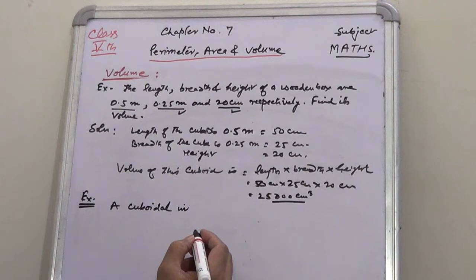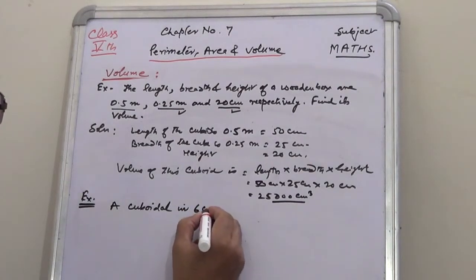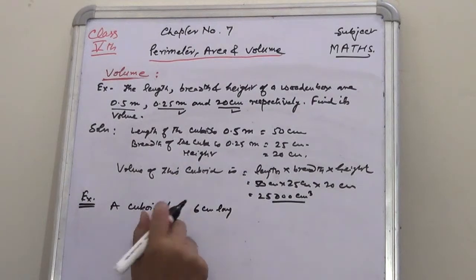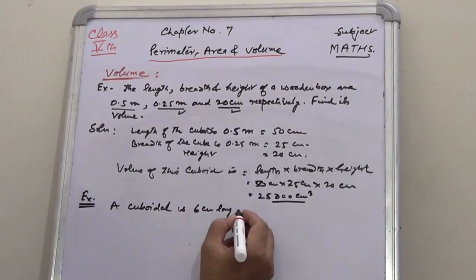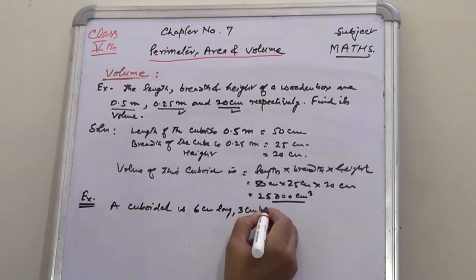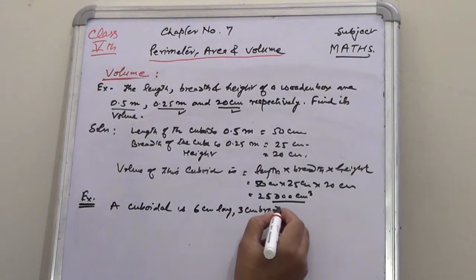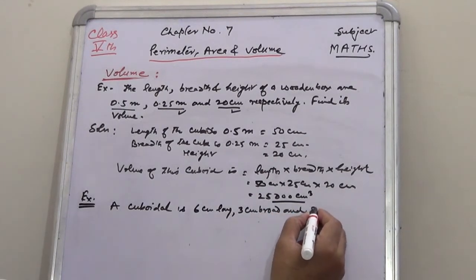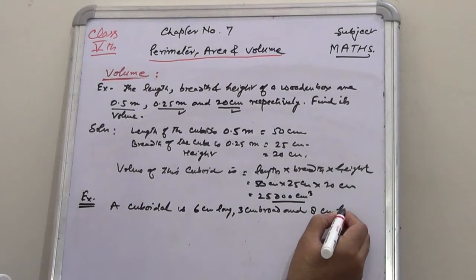A cuboidal box is 6 centimeter long, 3 centimeter broad, and 8 centimeter high.